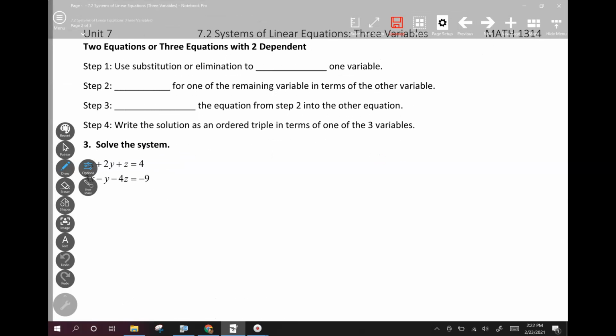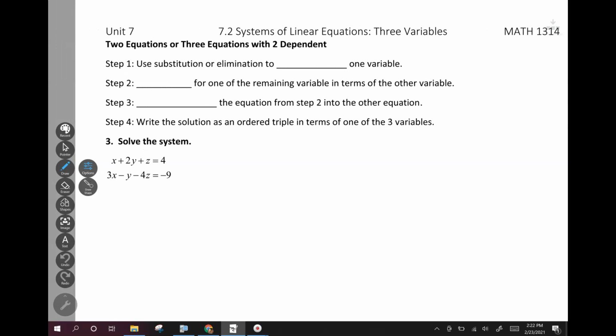Okay, now this one's going to be a little interesting. On this one, we have 2 equations, or it could be 3 equations, but 2 of the equations are the same equation actually. But you're just going to have 2 equations with 3 variables. It's actually impossible to solve a system of equations that has 3 variables but only 2 equations, right?